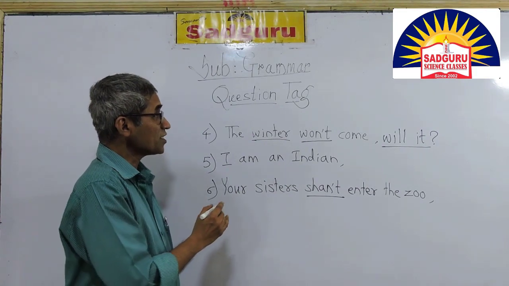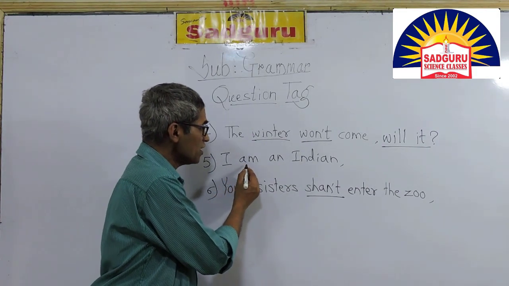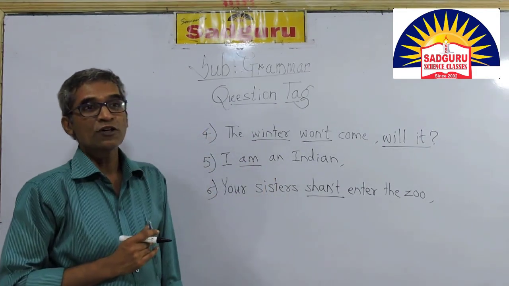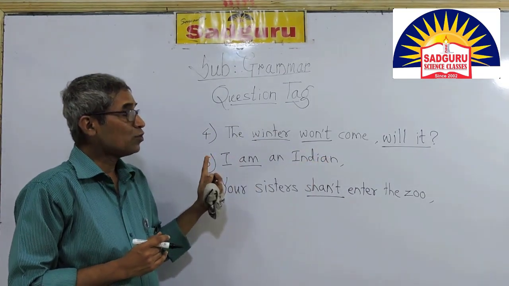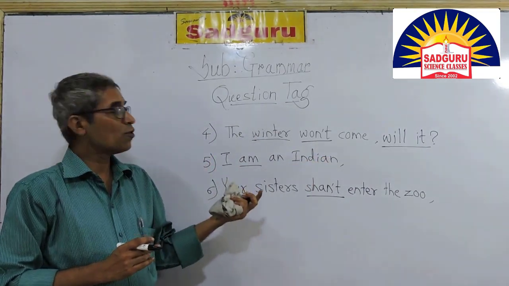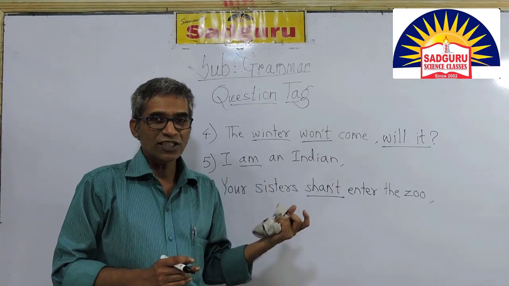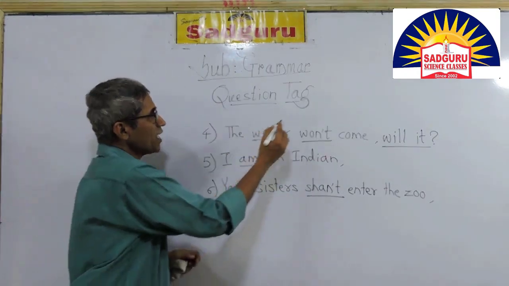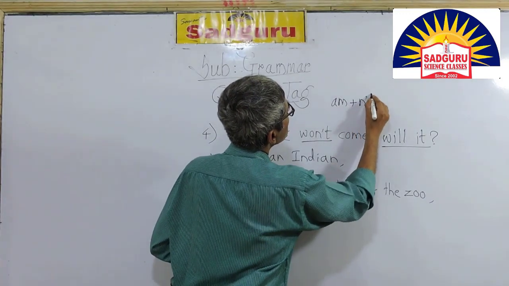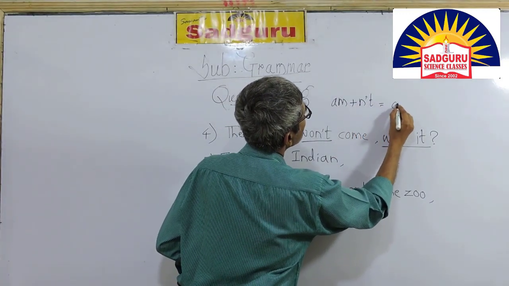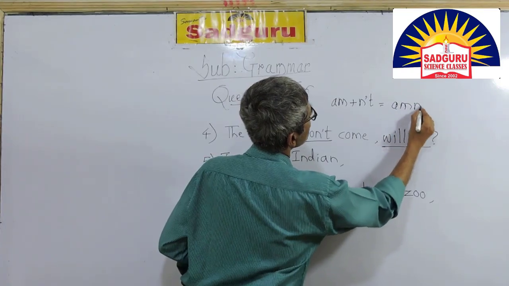Let's see the second one. The second sentence is positive. So you have to write a negative question tag. And you know the formula: auxiliary plus n't plus subject. Now if you take am and then add n't, you may write something like this.